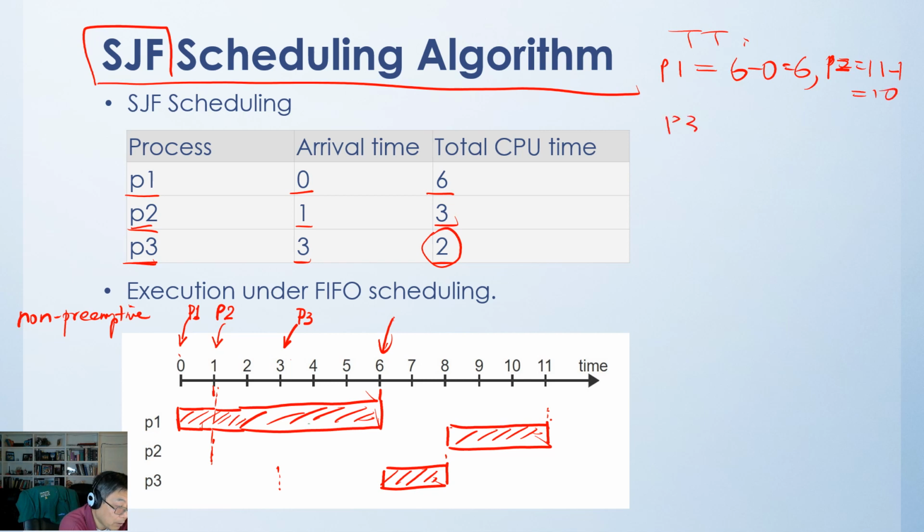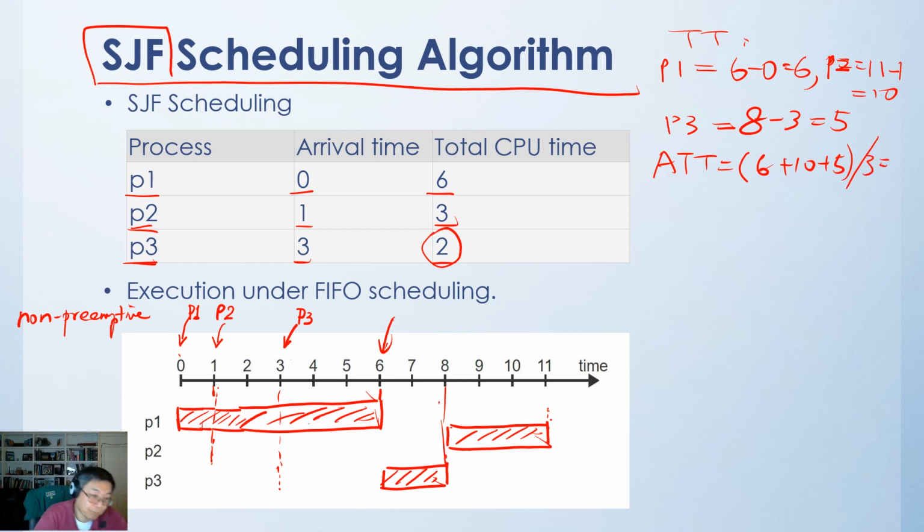And P3 arrives at time 3, but finishes at time 8, so it's 8 minus 3, which is 5. So the ATT, the average turnaround time, is 6 plus 10 plus 5 divided by 3. Now what's the value? It's 7.